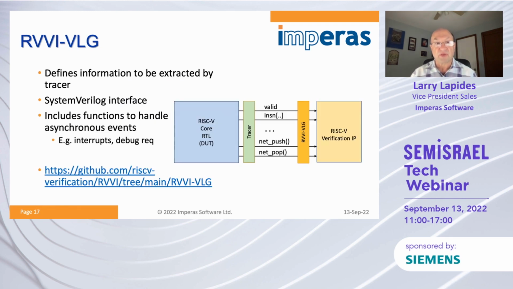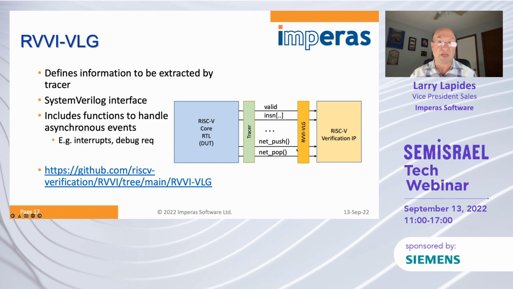The RVVI VLG is that signal level interface. It's effectively a SystemVerilog interface that helps go from the DUT, the RTL, through this tracer or monitor module that all processor IP has.